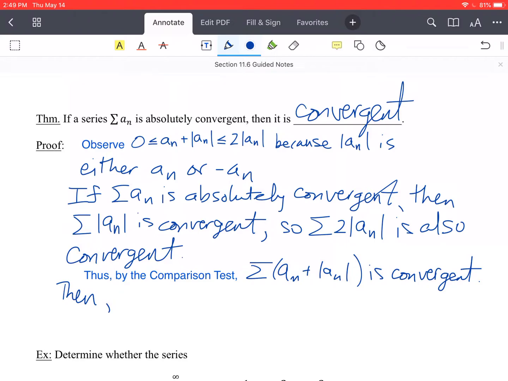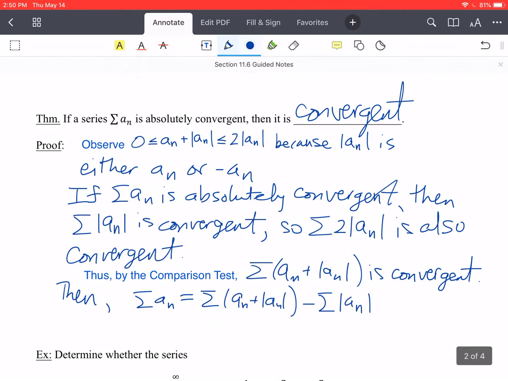Then, this gives us the series a sub n, which is equal to the sum of a sub n plus its absolute value minus the sum of the absolute value.